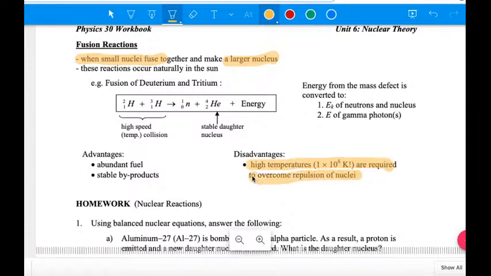So it happens quite naturally all the time in the sun. This is the form of energy that really provides life on Earth, and it's the source of the vast majority of energy in the universe, because this is happening in all stars where we have extreme high temperatures.